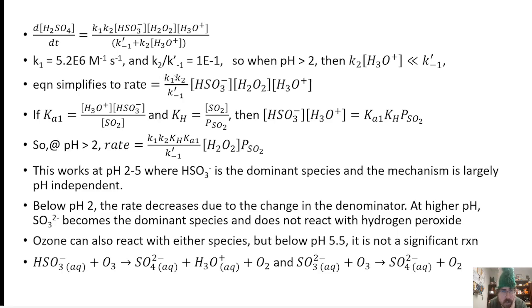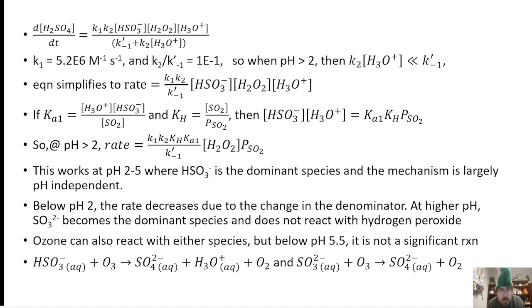All this is a constant at a given temperature. It's a 3-body process. And you can figure out some of those in terms of Ka. So really, it simplifies down to this.